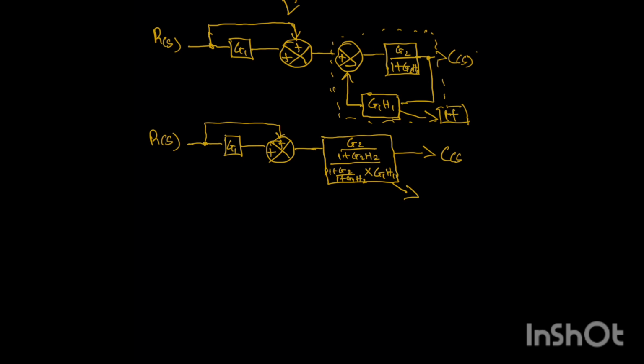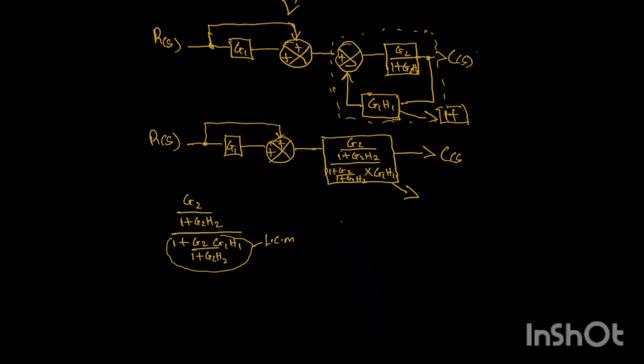So resolving this block, we say G2 all over 1 plus G2H2, all over 1 plus G2 all over 1 plus G2H2 times G1H1. First, we take the LCM of this.